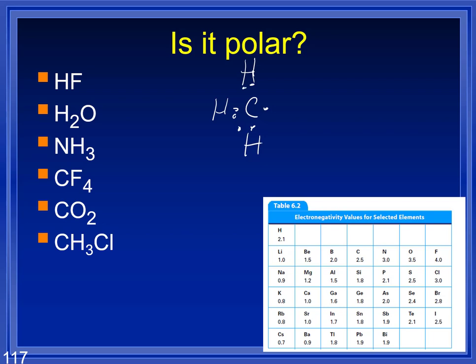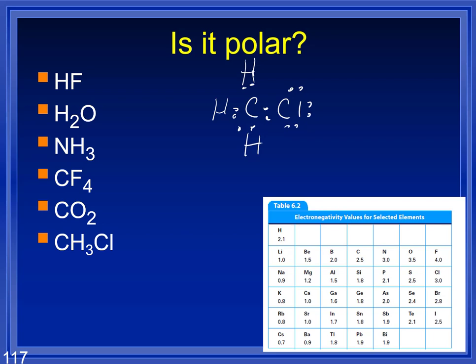And then if I hook the Cl with its 7 dots, it fills everything up. I made it so carbon makes 4 bonds, hydrogen made 1, chlorine made 1. Then I had the right number of dots. Okay.